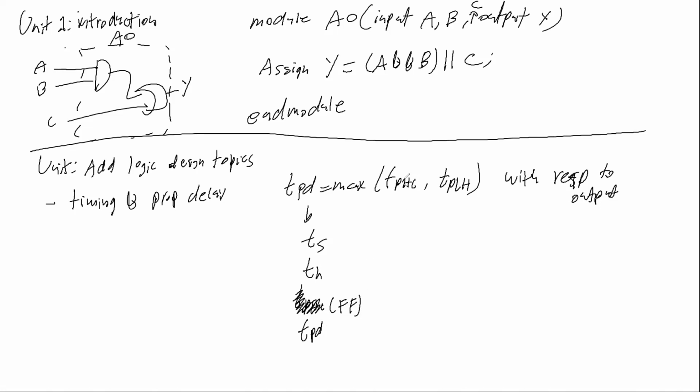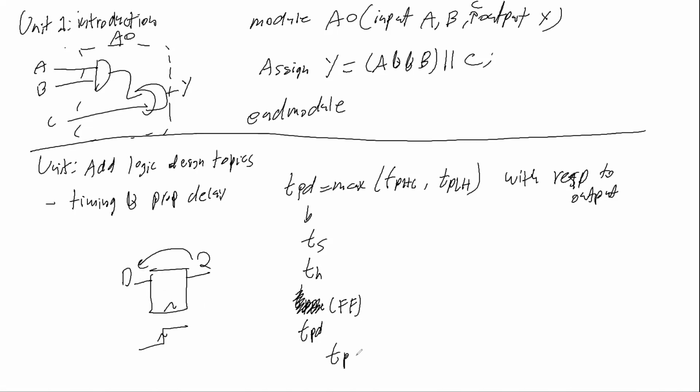That's going to be the max of high to low transition or low to high transition. The propagation delay through the flip-flop, what we mean by that is the time for the input signal of the flip-flop to propagate to the output signal. If we have a D flip-flop, that means when the clock edge comes, if this is an edge triggered flip-flop, when the edge comes, how much time does it take for Q to take the value of D?